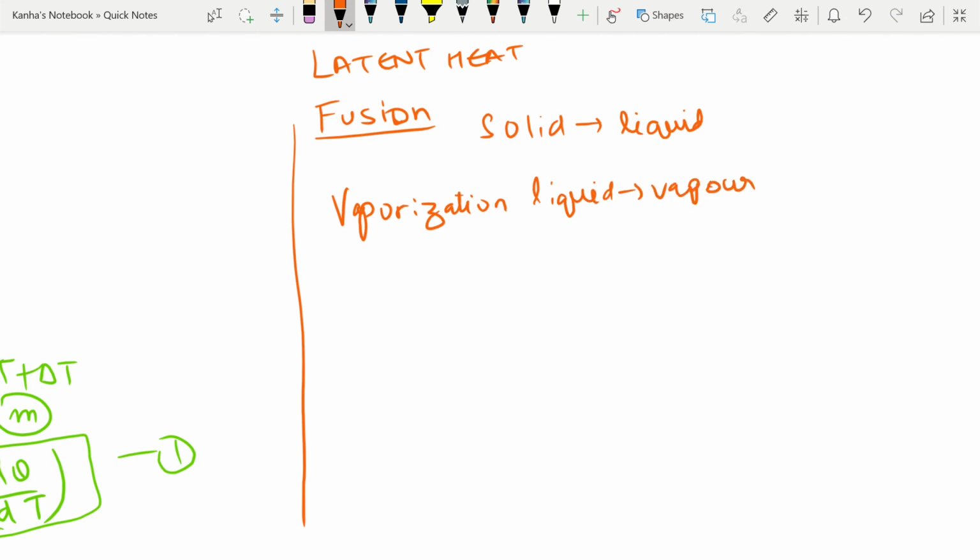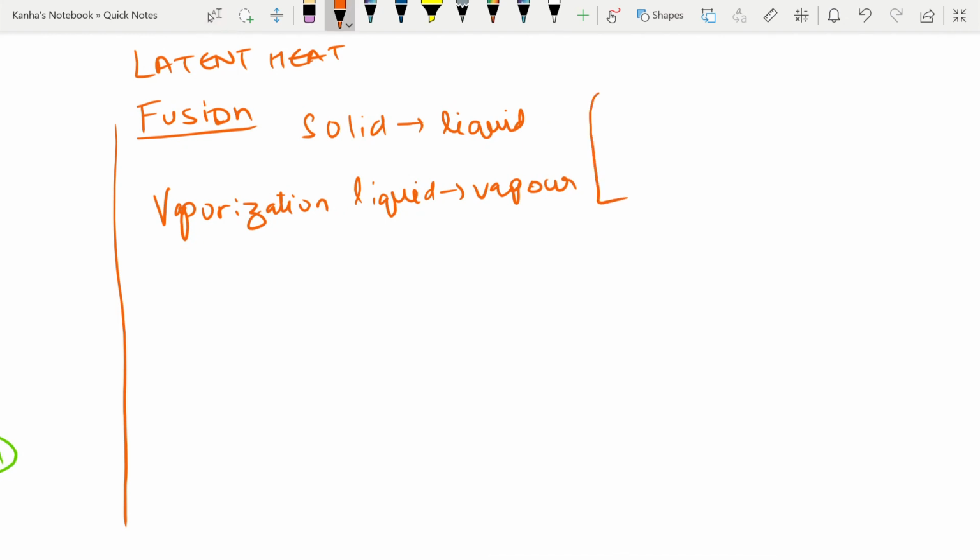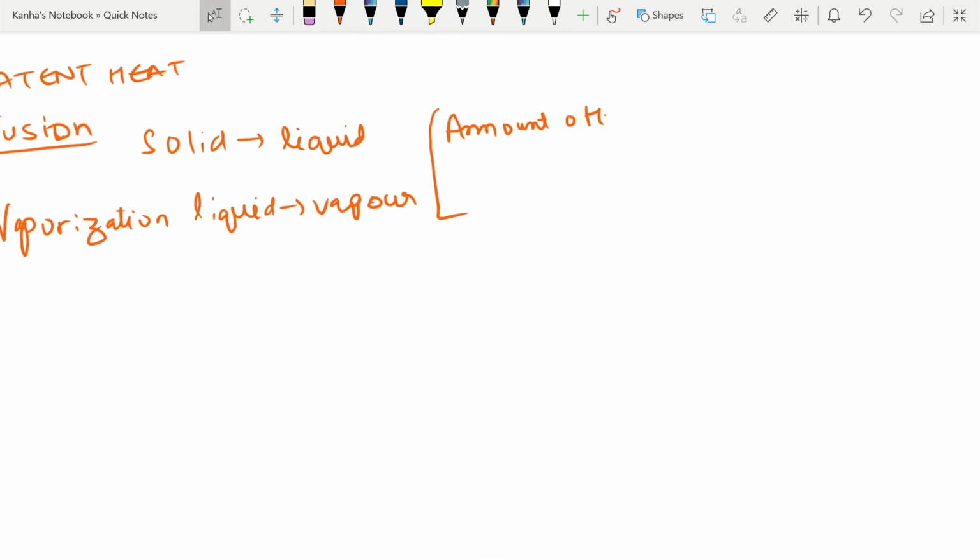In all these cases, it is the amount of heat to change 1 kg mass of the initial quantity.